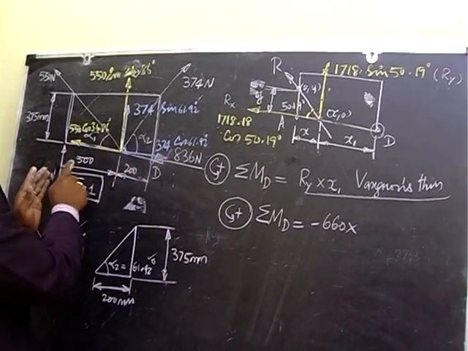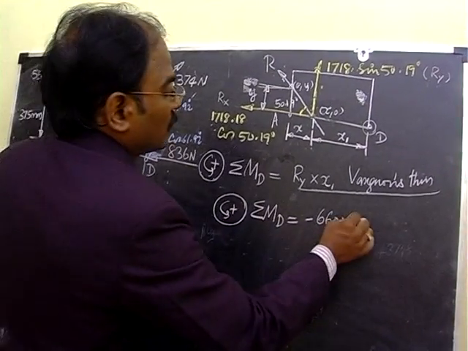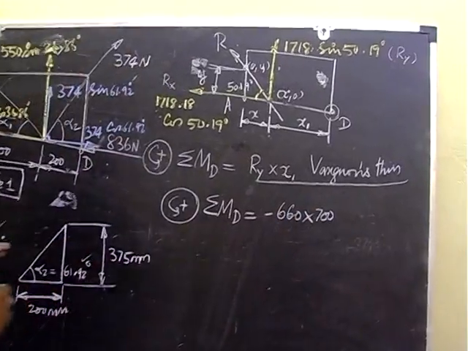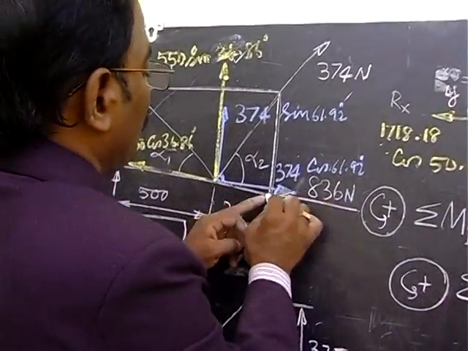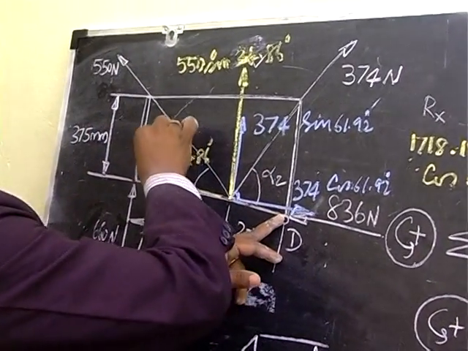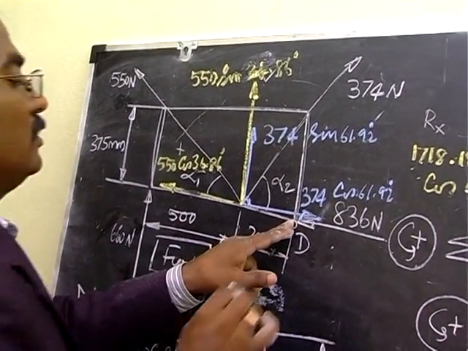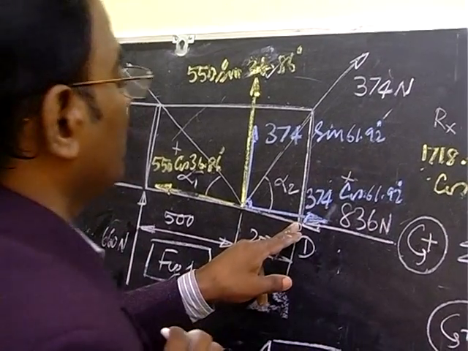So this distance is 500 plus 200, that is 700. Then we take the x component, it passes along the line D, so therefore this is vanished, it won't give any moment. Similarly this component also won't give any moment.